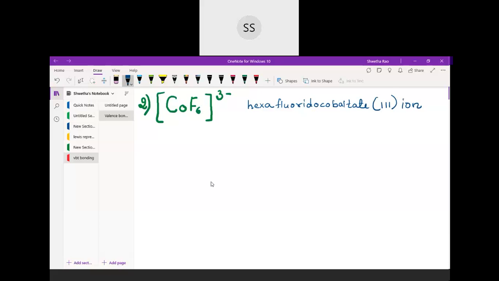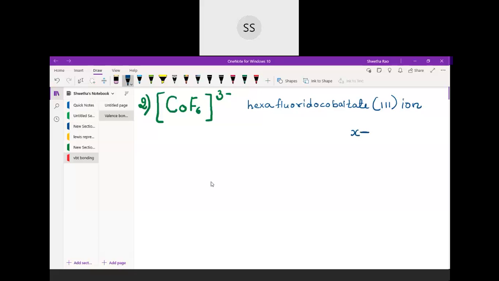Now I will start with explaining the bonding again. Okay, listen properly. So the first thing always what you have to do is find out in which oxidation state this particular metal is. Okay, so cobalt is a transition metal over here. I will take cobalt oxidation state as X, and then here fluorine oxidation state is -1.